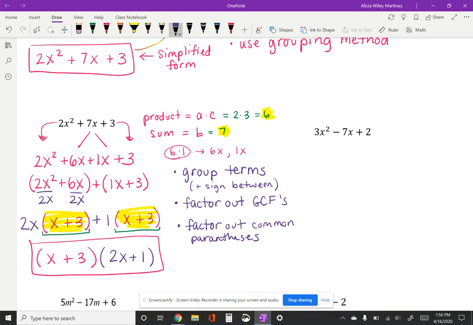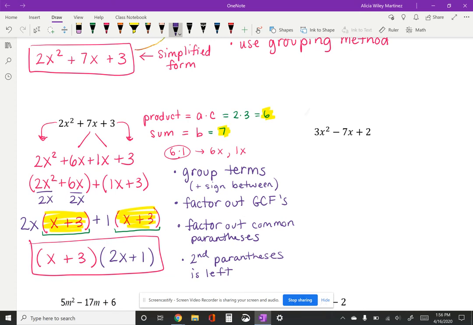So you're going to factor out the common parenthesis. Your second parenthesis is a combination, basically, of your GCFs. So if you take those out, what you're left with is that second parenthesis.